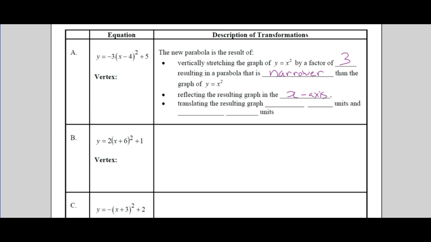So I'm going to say HT right 4 and VT up 5. Okay, cool. What's the vertex?